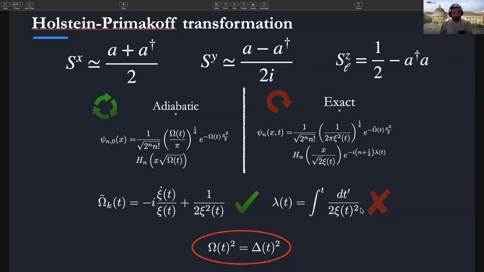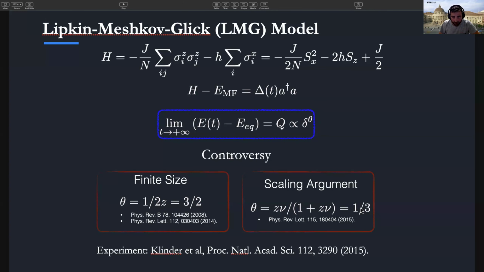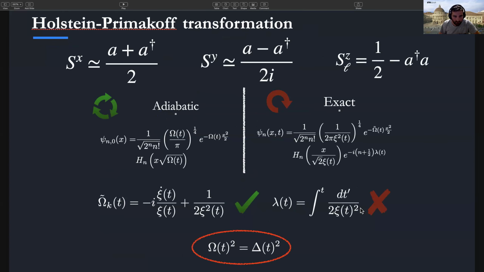So what we did is we take our giant spin, self-interacting, which is the Lipkin-Meshkov-Glick model, and we bosonize it through a Holstein-Primakoff transformation. This transformation is, of course, an approximation, but it's a very good representation of what happens to the system at low energy.